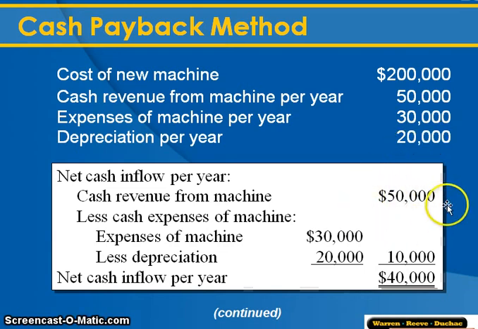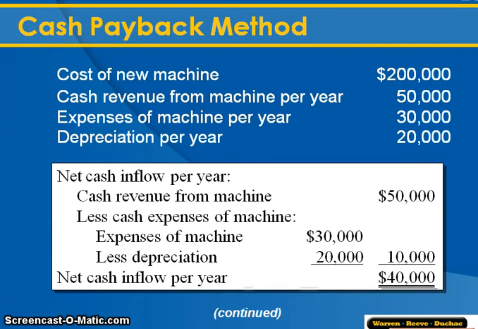So we're looking at this from a purely cash perspective. We're saying the revenue from this machine is going to be $50,000 a year, minus the $10,000 in actual cash expenses for this machine. So the amount of the inflow each year, the amount of cash this machine is going to earn for us, remember we're disregarding the depreciation aspect, it's going to be $40,000 every year.